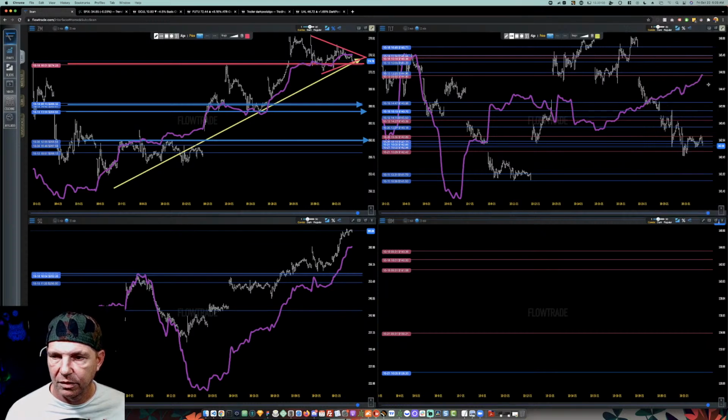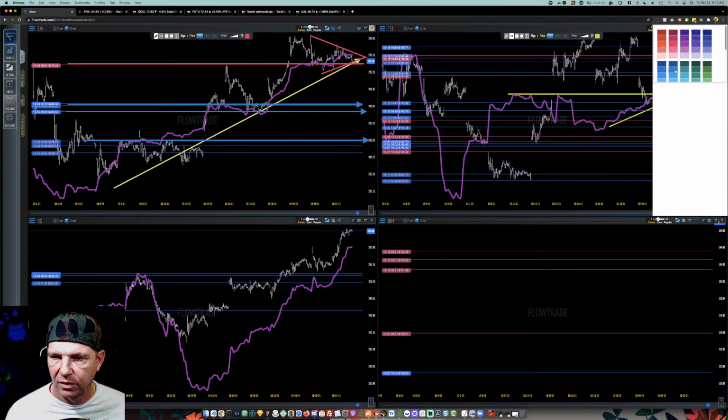Uptrending support on the algorithm. We took out the previous high. See how it came and back tested it for support, right? Overhead resistance, rally through, back test support, continuation onto the upside. We have bullish divergence with price action basing at 142.50-ish, right? Off of some dark pools, right?